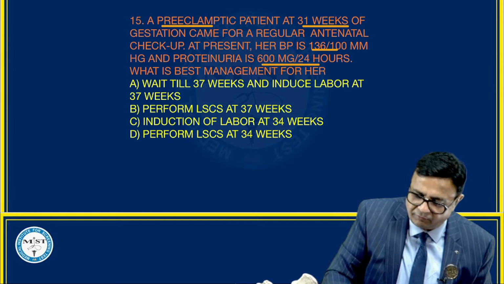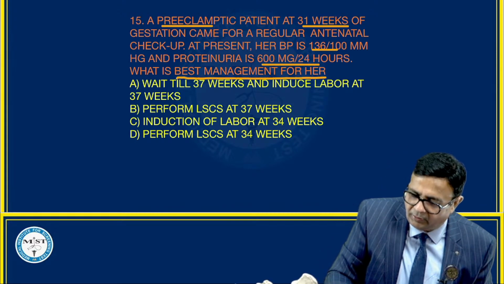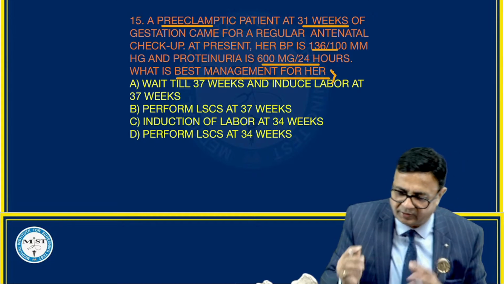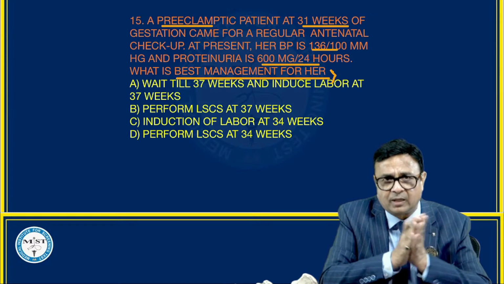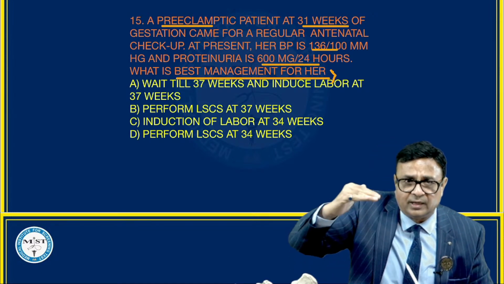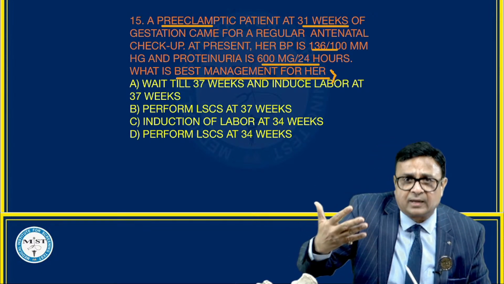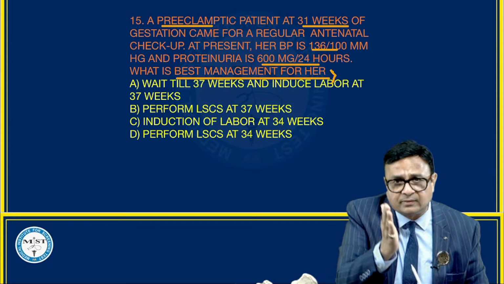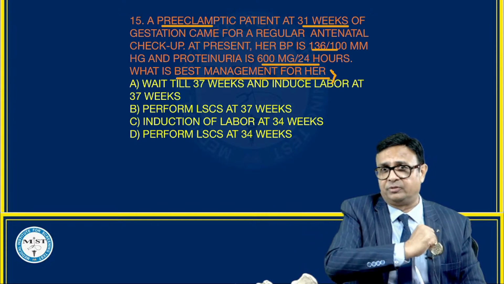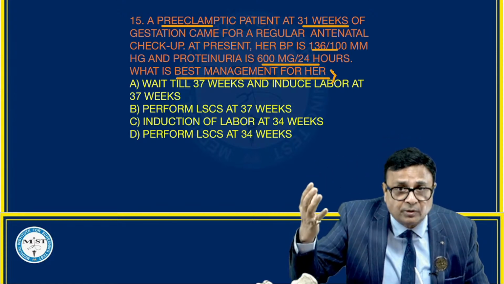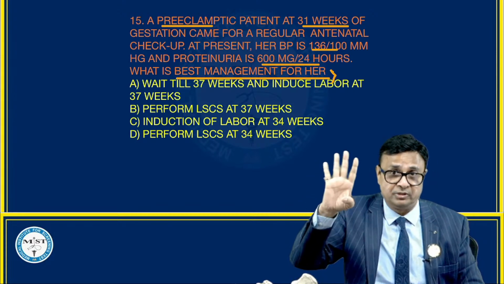Best management for her. So what is this preeclampsia? First of all, we have to decide. The examiner has clearly written she is a preeclamptic patient, so which preeclampsia is this? Because management depends on whether this is mild preeclampsia, severe preeclampsia, HELLP syndrome, or eclampsia.